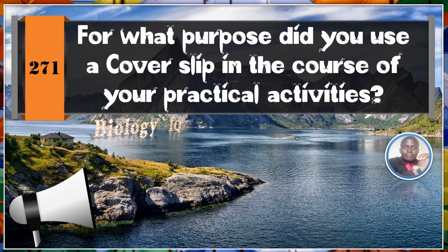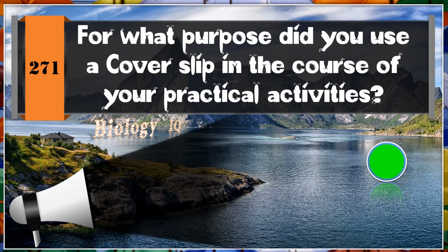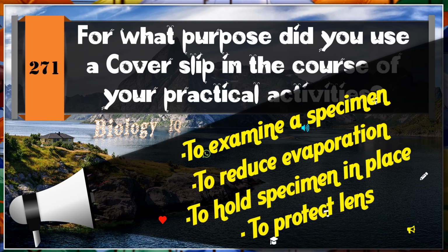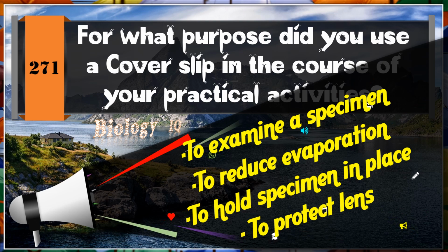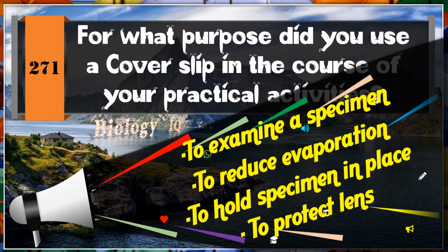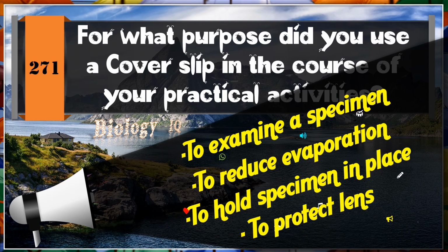For what purpose did you use a cover slip in the course of your practical activity? To examine a specimen, to reduce evaporation, to hold specimen in place, and to protect lens.